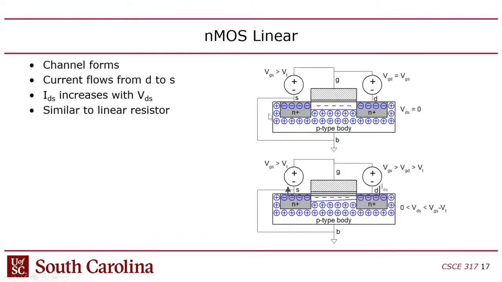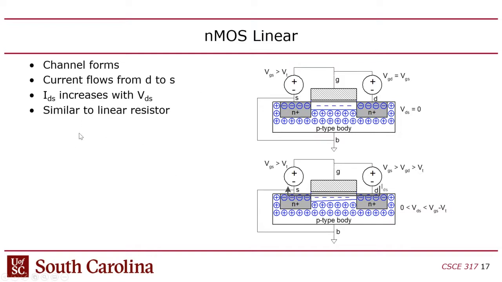That's cutoff. Then once you hit the threshold, so once the gate to source voltage is greater than the threshold, you build the channel, right? You get a channel running through the source and drain, which are the minority charge carriers. And if you increase the source drain voltage, then the current will also increase, right?